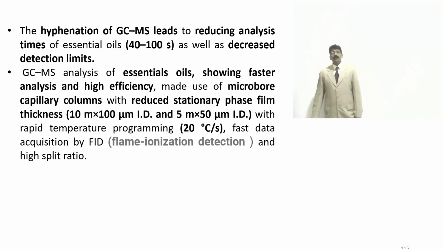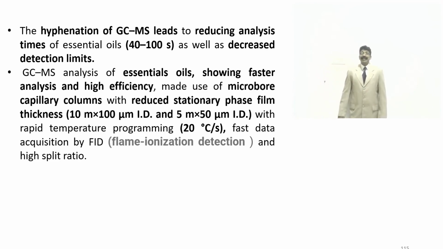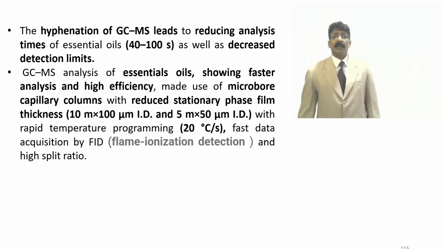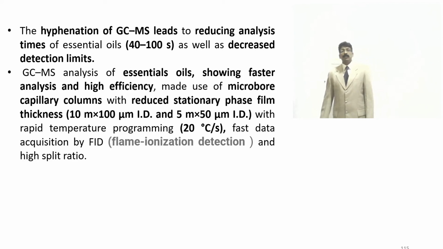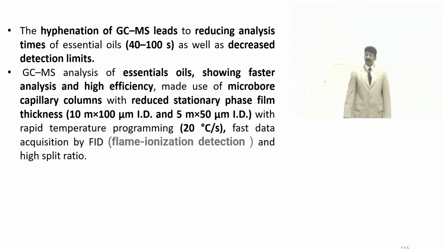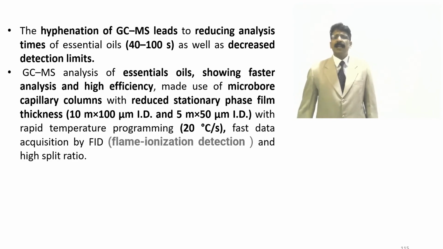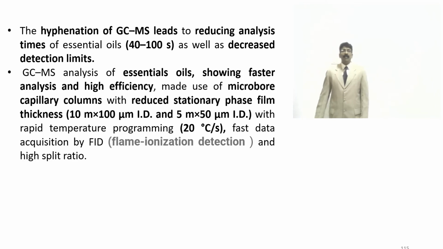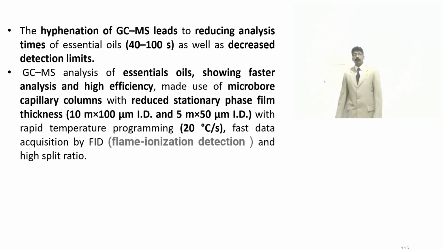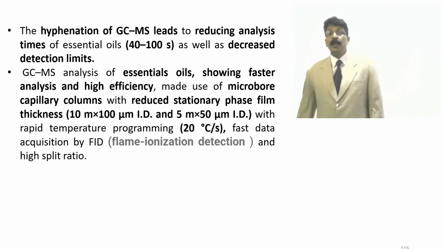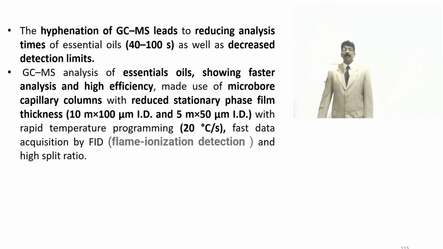Hyphenated analysis of essential oil by gas chromatography with mass spectroscopy shows faster analysis and high efficiency. It made use of microbore capillary columns with reduced stationary phase film thickness, very thin.